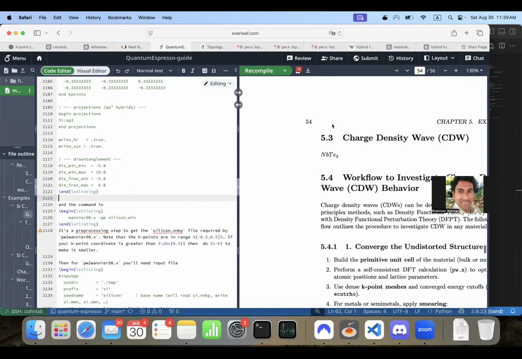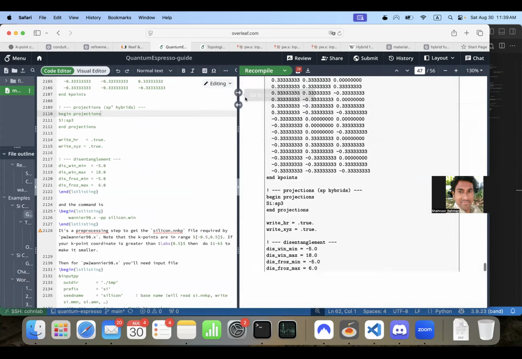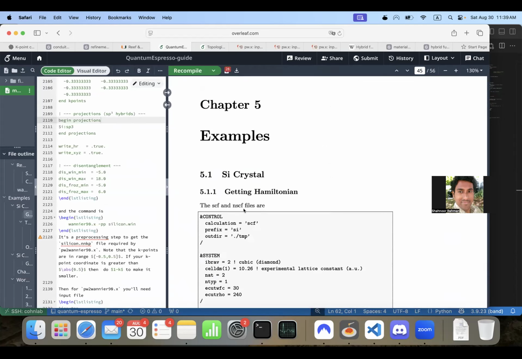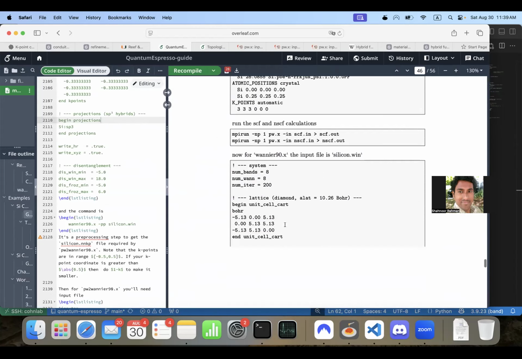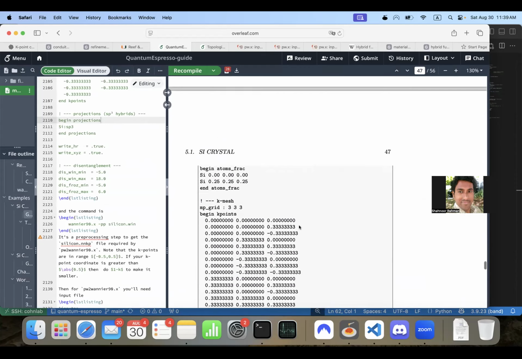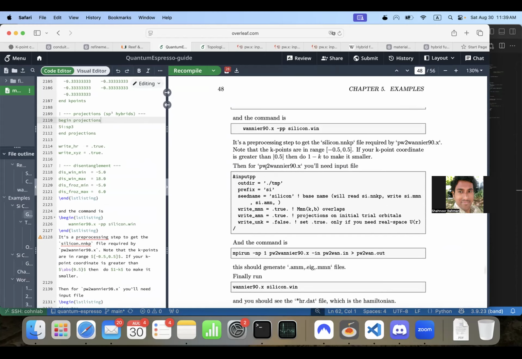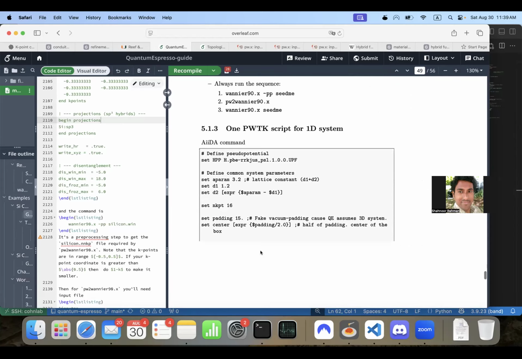Yeah, for the silicon crystal, I have the SCF and NSCF files, and then how to run the command, and then for Wannierization, the silicon.win file, and then how to run the command, and then for the pw2wannier90.x input file, I have the file description, run the command, and finally Wannierization. And there are some notes on troubleshooting.